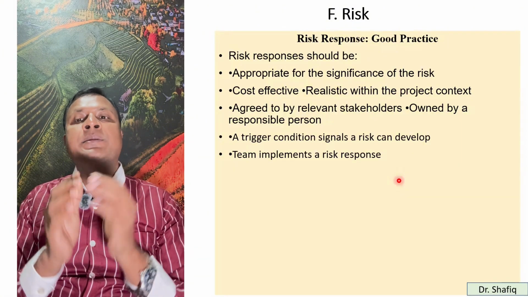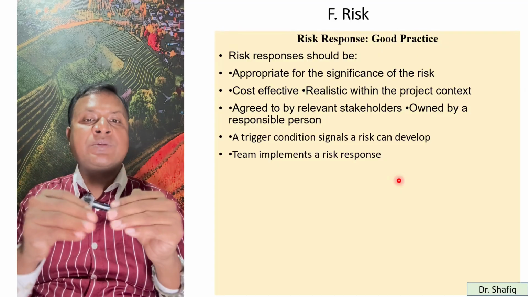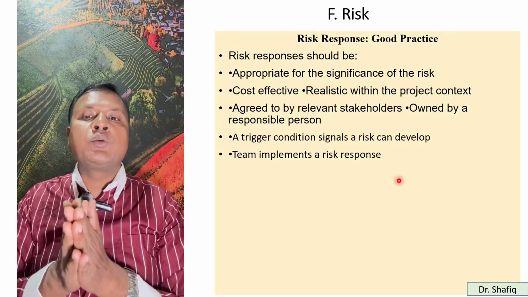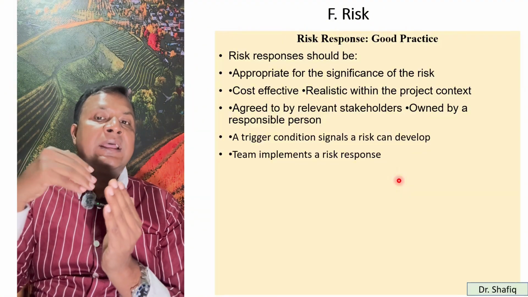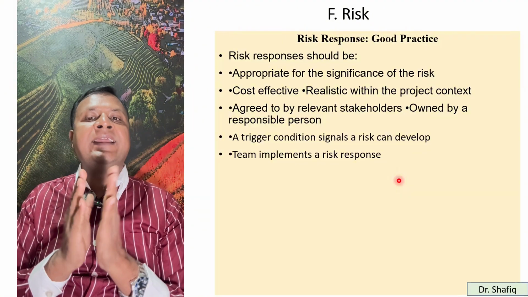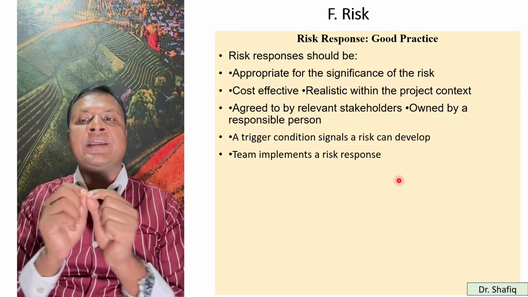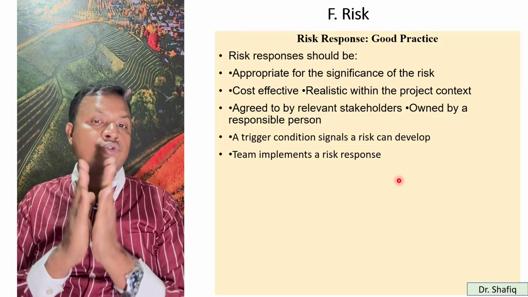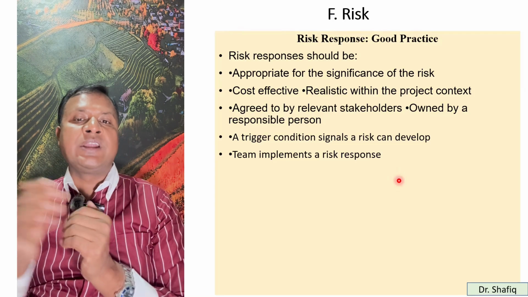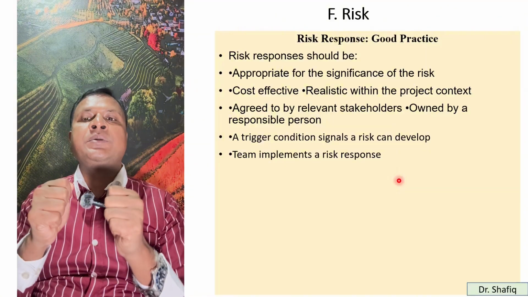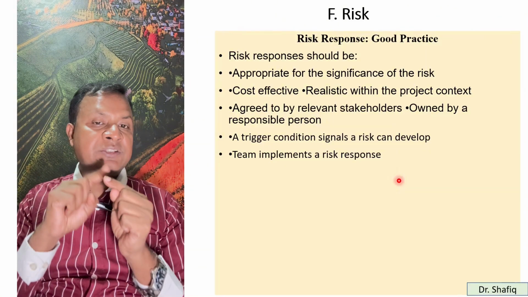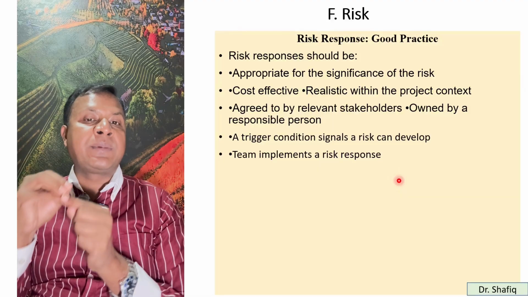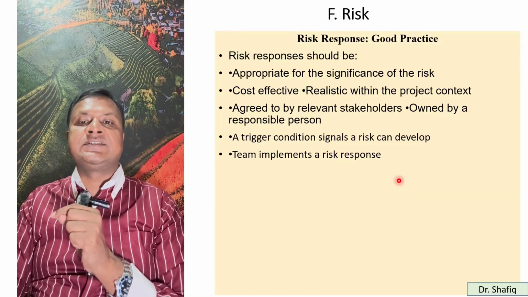They should be agreed by the relevant stakeholders, and owned by the responsible person, the person who is responsible and accountable for that. And a trigger condition signals that a risk can develop. So we should see the trigger condition, then we should act, and the team should implement a risk response. So we should make the risk management plan and apply it in specific cases.